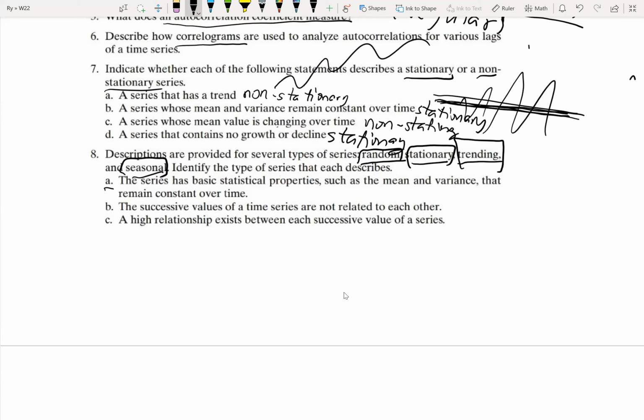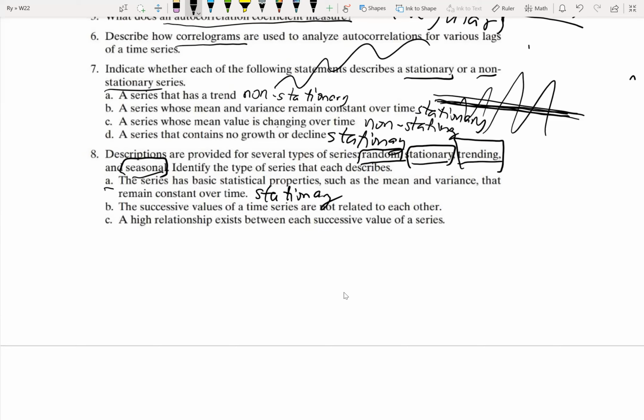Random and stationary? I would say just choose stationary. Because we don't have much information on whether this data is random. We just know it is constant over time. It could be random, it could not be random.